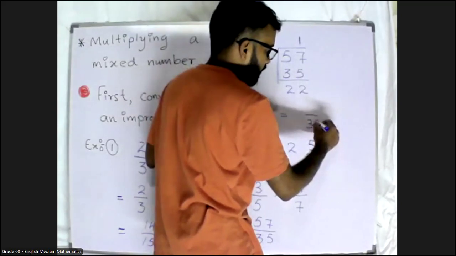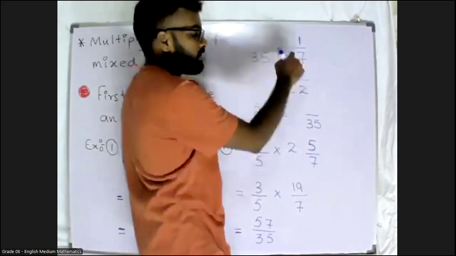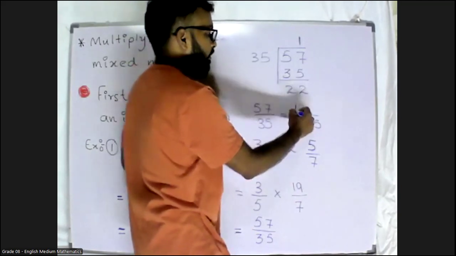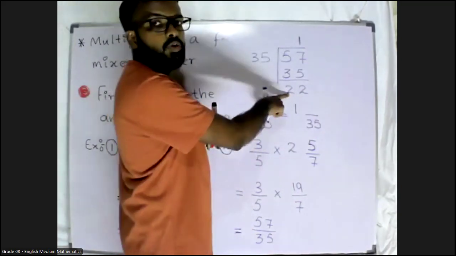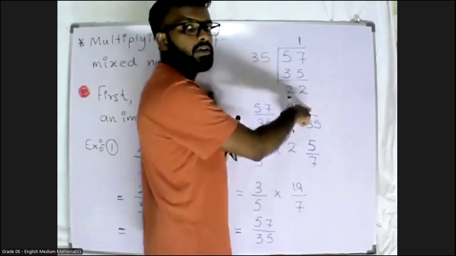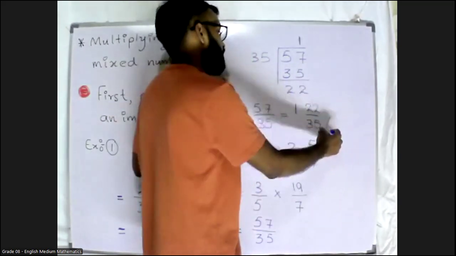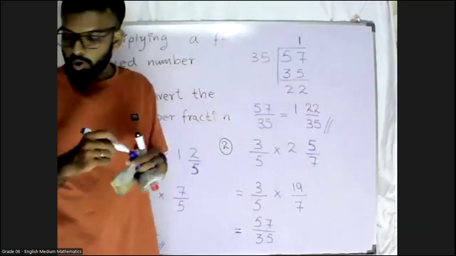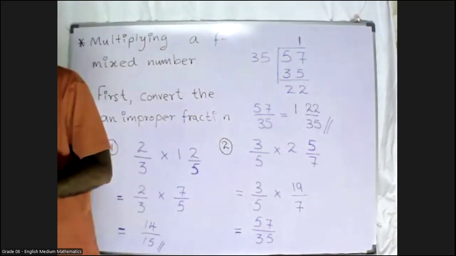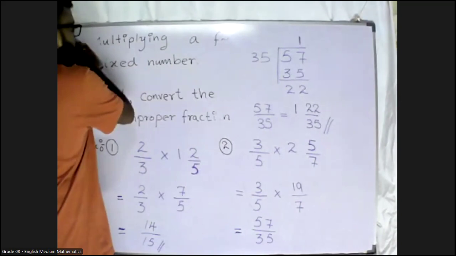The whole number part comes from here, that is 1. And the remainder is 22. So the remainder comes to the numerator of the mixed number. So this is the answer. So you have got the answer correct. Nice. Okay, I will clear the board.